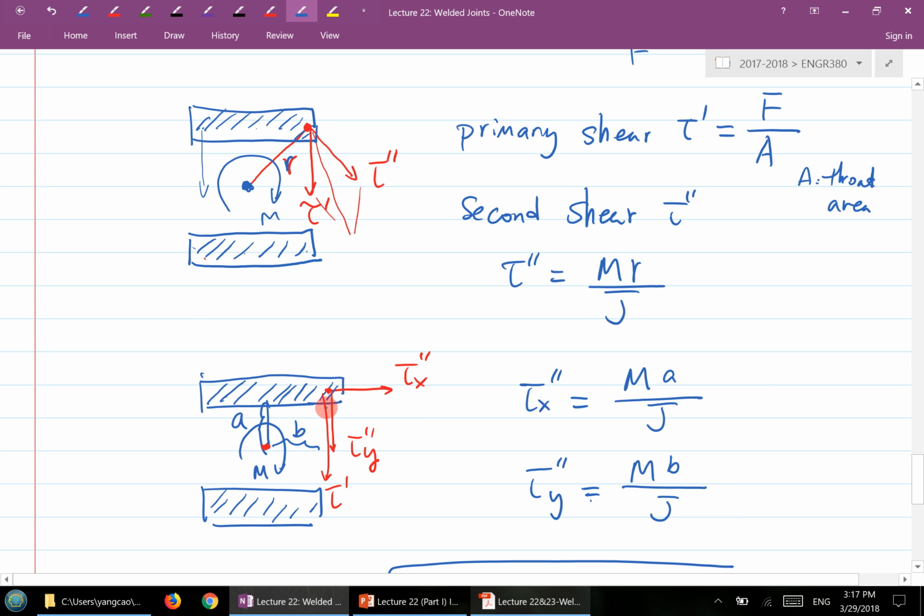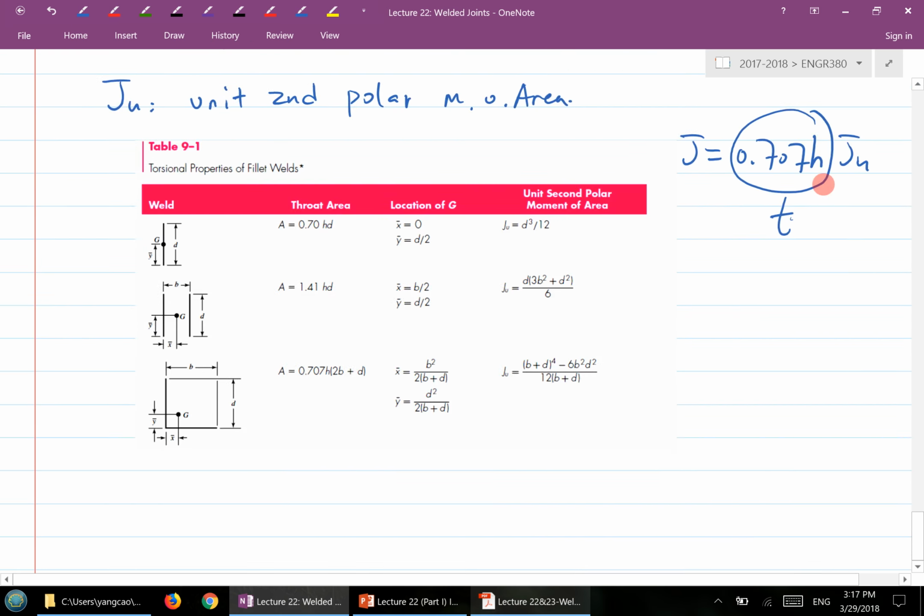Okay, so for this particular case, I've got two horizontally parallel fillet welds here. Which one should I use to find the JU? This is different, this is vertical, right? Doesn't matter, basically. The question is, this is the polar moment of area.